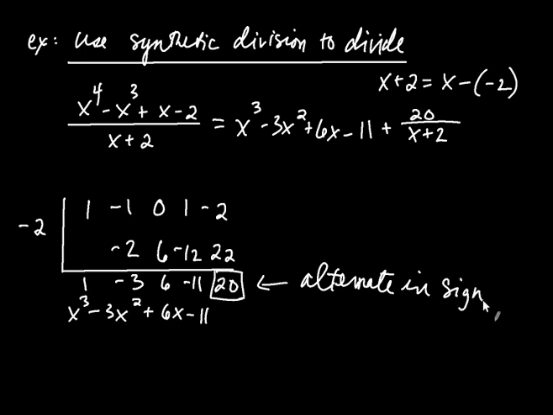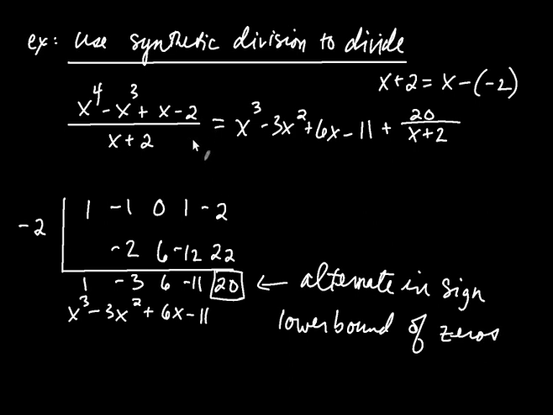It turns out it's a little more complicated than this because you want to include 0 in the mix as well. But when you have that alternation in sign, that's telling you something about the relationship of negative 2 to the zeros of the numerator. So it basically provides, as we're going to see in future videos, a lower bound of the zeros of the numerator.